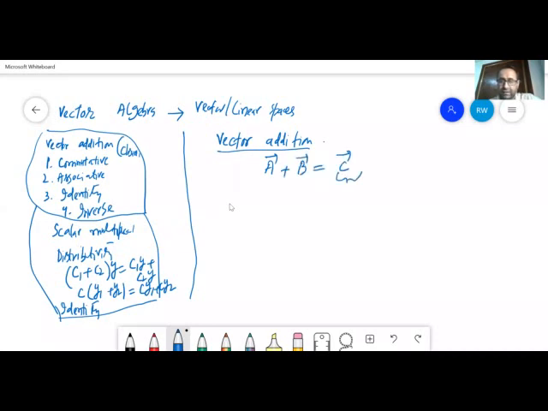This means they satisfy closure. We used to say that the set of vectors is closed under vector addition. You cannot get a scalar by vector addition. You will always get a vector. You cannot get out of the space of the vectors by doing vector addition.